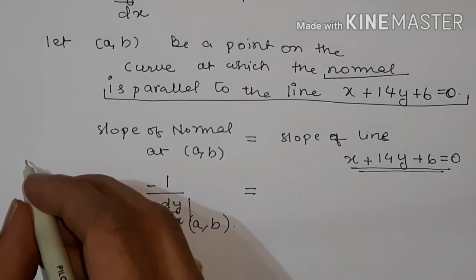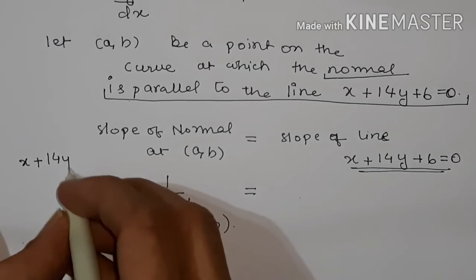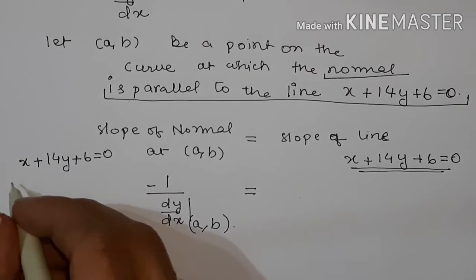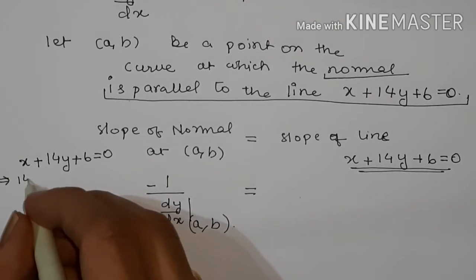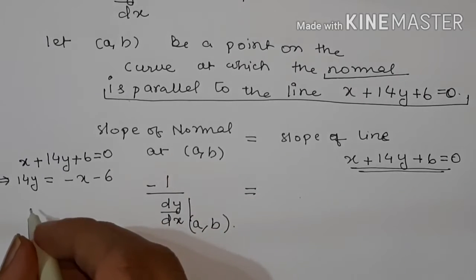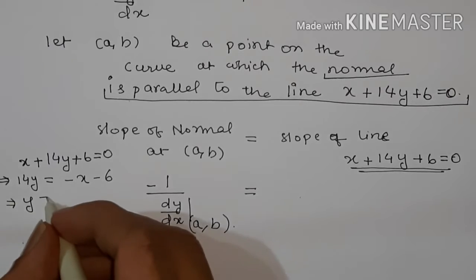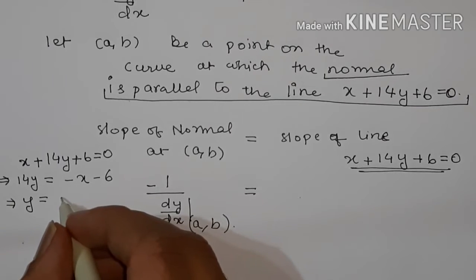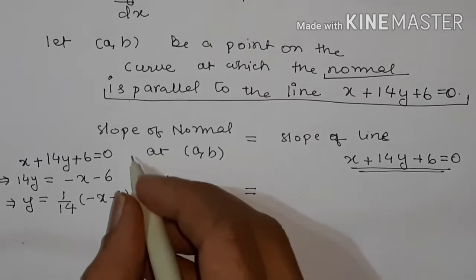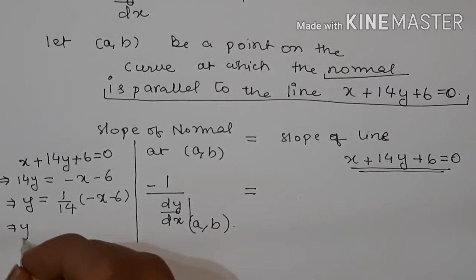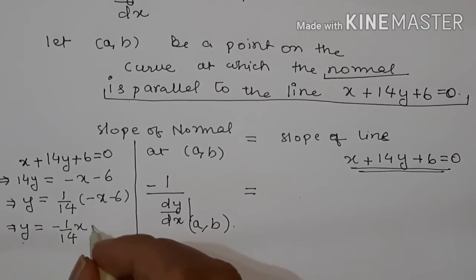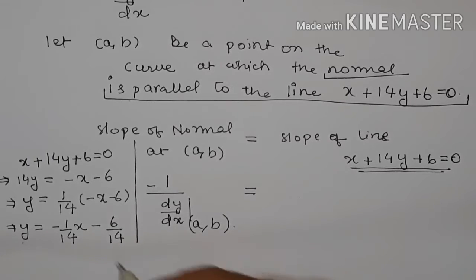Now what is the slope of this line? We can calculate that. x plus 14y plus 6 equal to 0 is the given equation. If we write this as 14y equal to minus x minus 6, then y is equal to 1 by 14 multiplied by minus x minus 6, which is y equal to minus x by 14 minus 6 by 14.